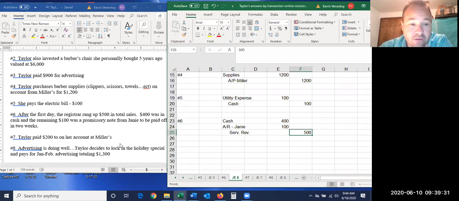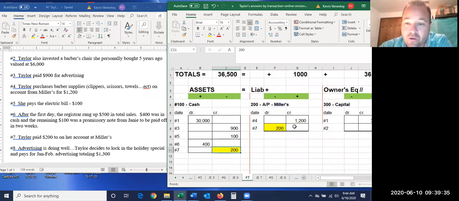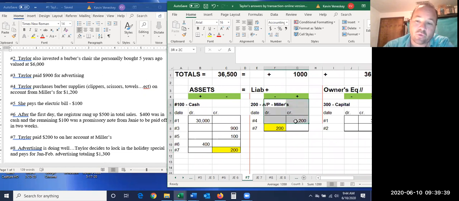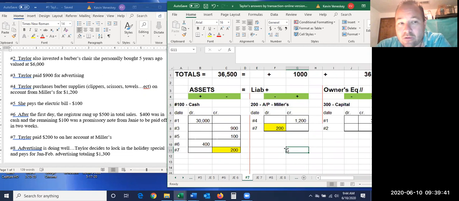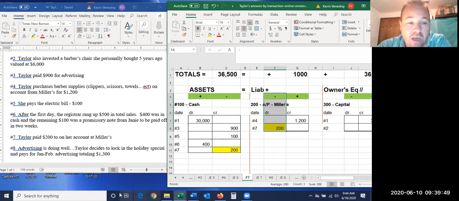That's what you're getting. You no longer owe Miller whatever the balance was, and we can go back and look at our T accounts and be like, oh yeah, our AP to Miller was $1,200. Well, when I pay them, what am I getting? I'm getting a reduction in what I owe. I'm not getting whatever it was that we bought from Miller.